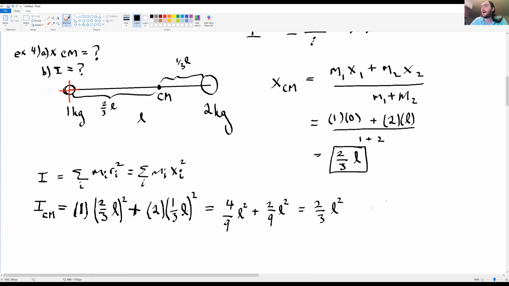If we gave a length for L, say let L be 1 meter, then we could calculate a numerical value. 1 meter squared is 1, so as a decimal value it'd be 0.667 kilogram meter squared.